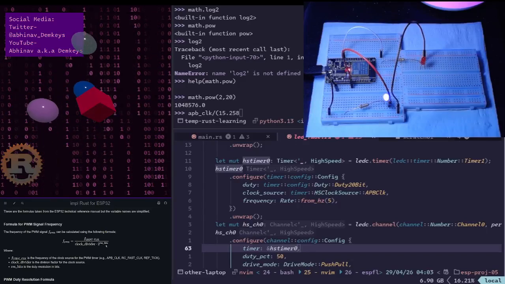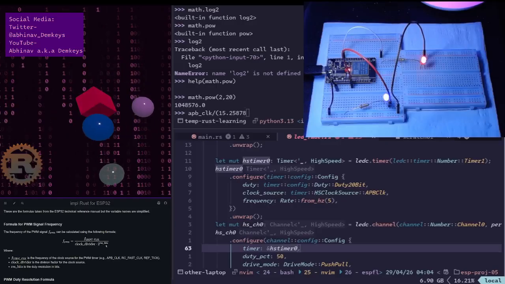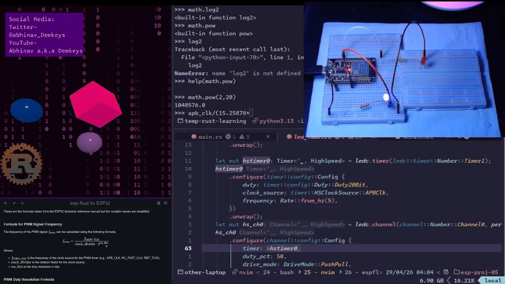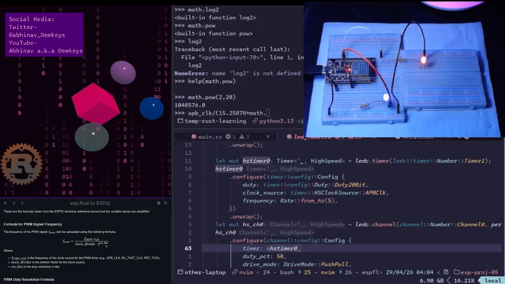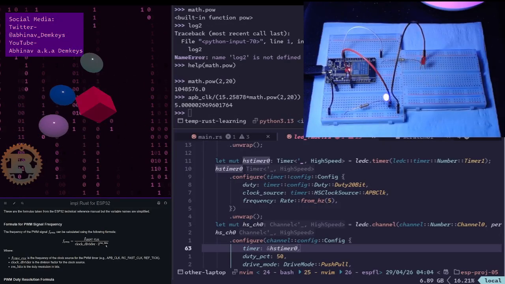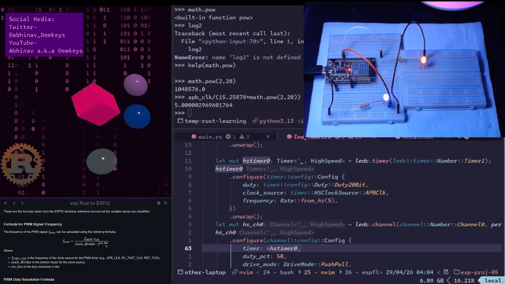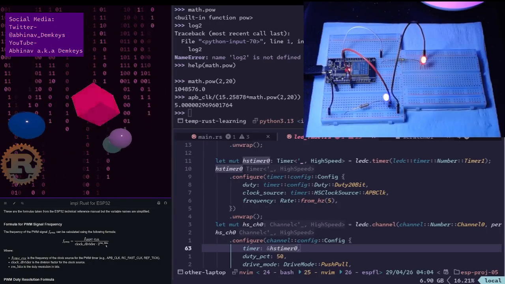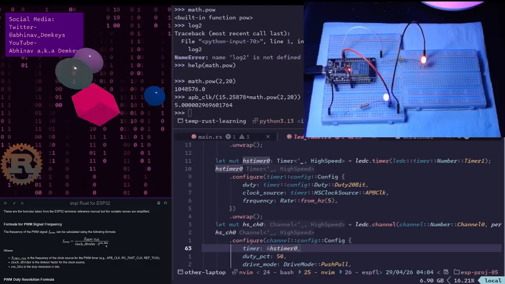I'm not sure. Let's give it this value and then let Python decide what it wants to do. And then here we do math.power 2 to the power 20. 5. There you go. So it's not exactly 5. I need to figure out that tiny fractional portion. So let's call it 5. Let's call it 5 hertz.